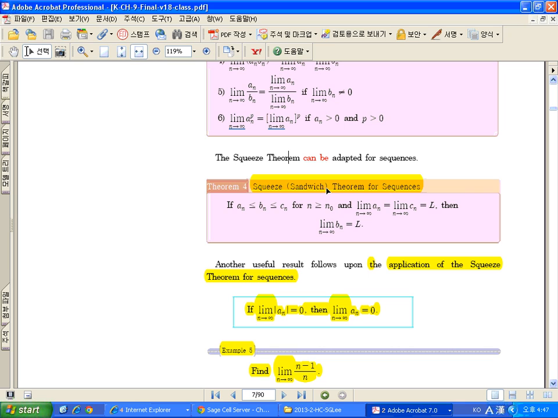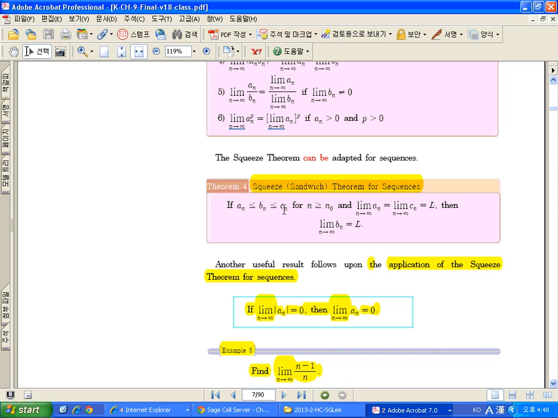And the squeeze theorem, or the sandwich property, is this: if a_n, b_n, c_n satisfy these inequalities for all n which is bigger than a certain fixed n naught, and the limit of a_n and the limit of c_n are equal to a finite number L, then the limit of the middle sequence should be the same as L. So b_n is in between those two, so it's called sandwich or squeeze.